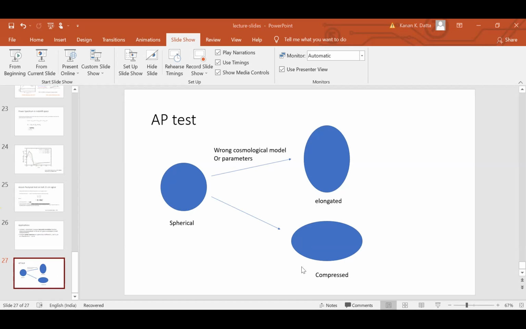The high density regions, whether there are sources or not, will appear more dense, and the low density regions will appear lower density. That will boost the power at all scales probed in 21 centimeter observations.